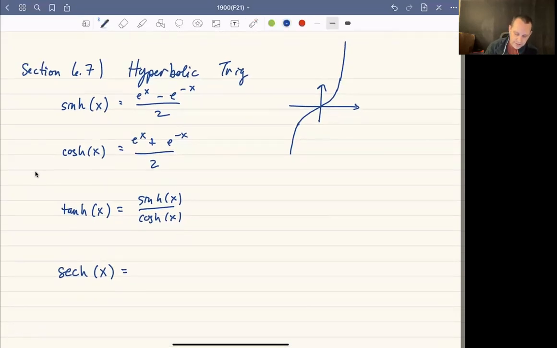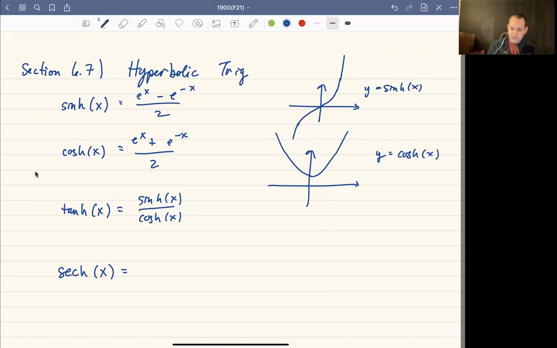Cosh, hyperbolic cosine, is basically going to look like a U, not quite a U. It's not a parabola. It looks kind of U-shaped.